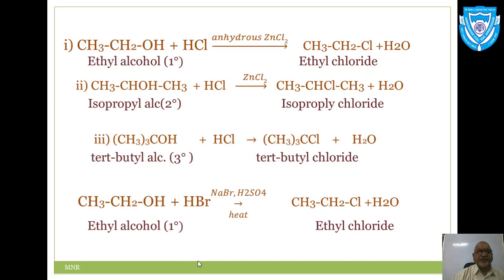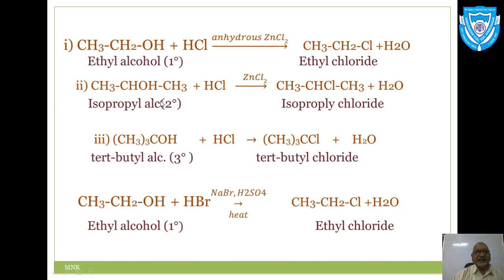Here are a few examples related to the same type of reactions. Here ethyl alcohol, which is a primary alcohol, is treated with HCl in the presence of anhydrous ZnCl2 as a catalyst, and we get ethyl chloride and water.